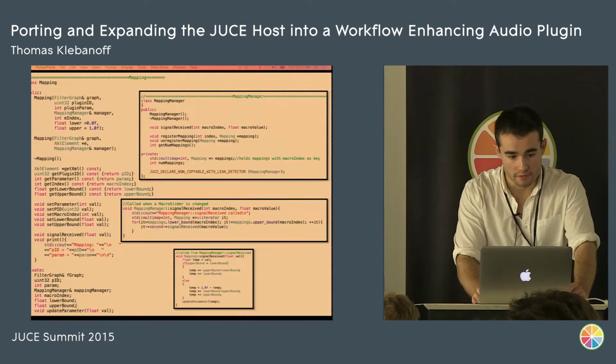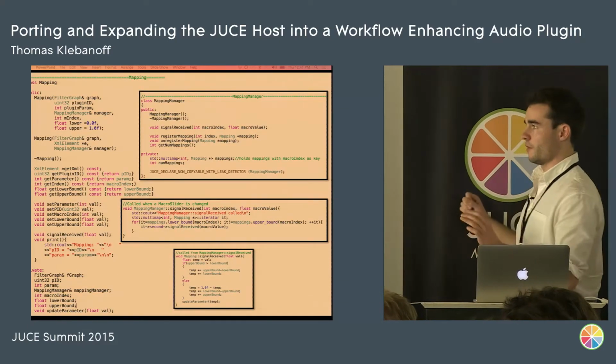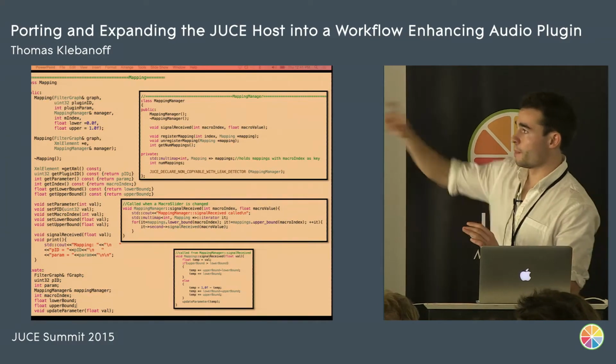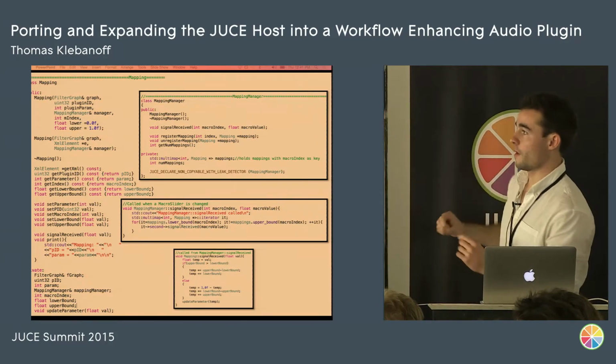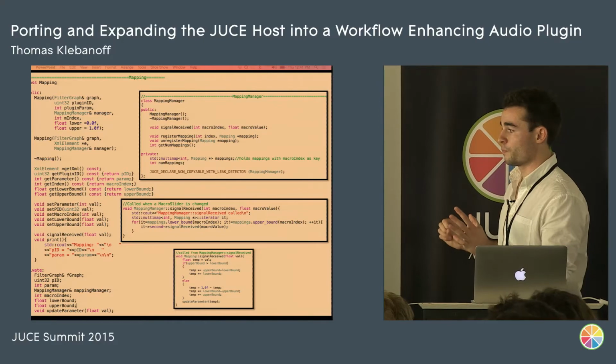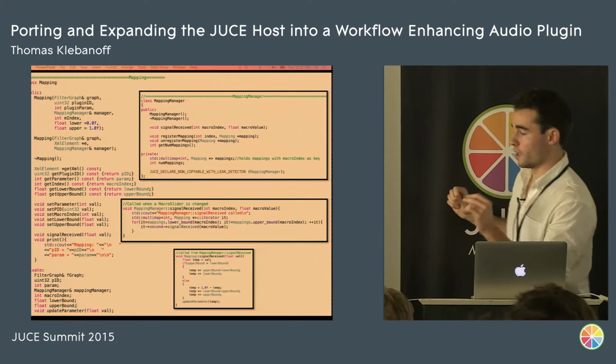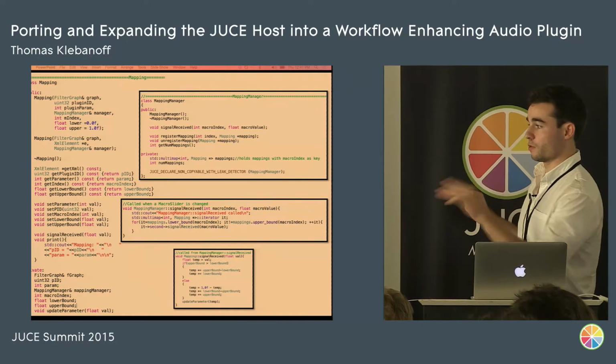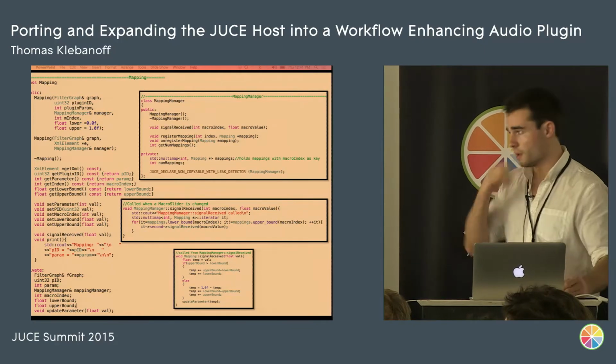So here's a bit of the code so you can have some idea of how this works. There's the mapping, like the header file for the mapping class. And I'd say the functions I want to point out are signal received functions, because this is essentially how it works.